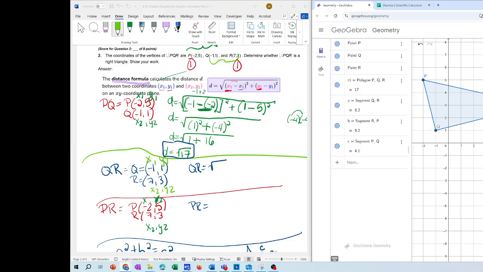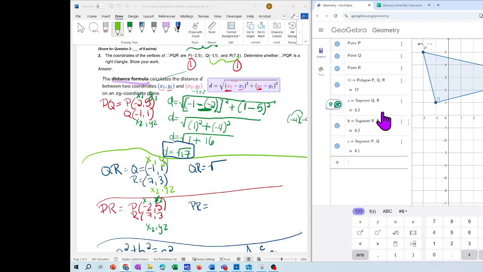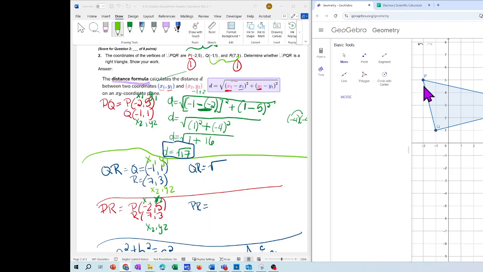So we need to be really careful of which one is our hypotenuse. In this case, PQ, which we got square root of 17, is a leg. PR is going to be our hypotenuse. So I'm going to put it here. Square root of 17 is a leg.